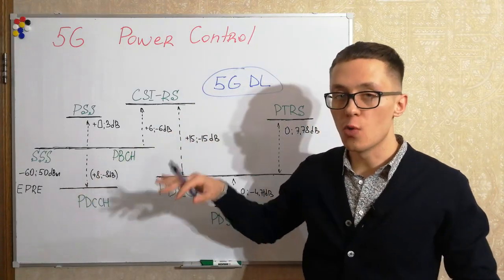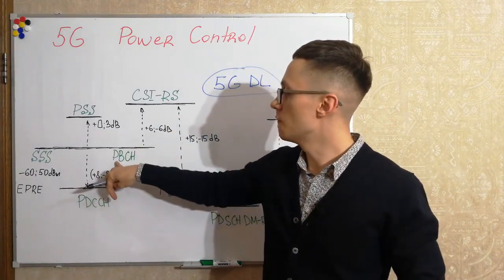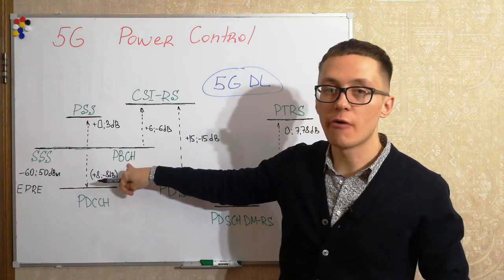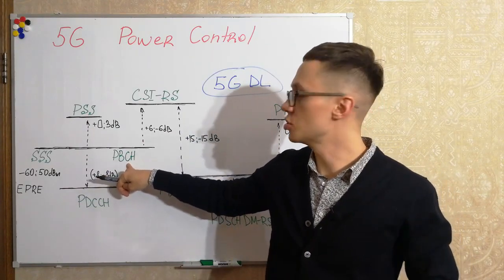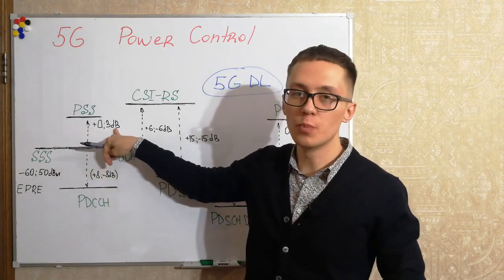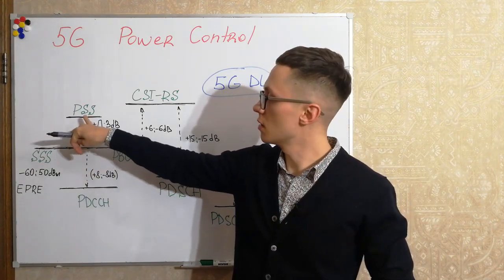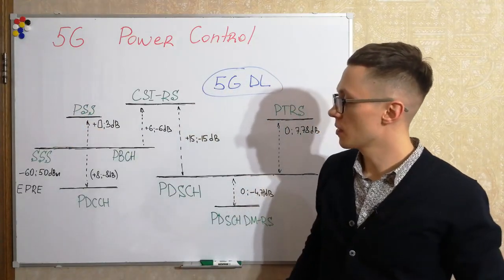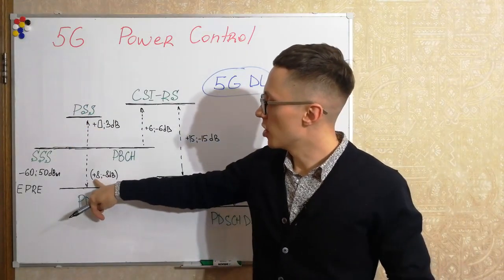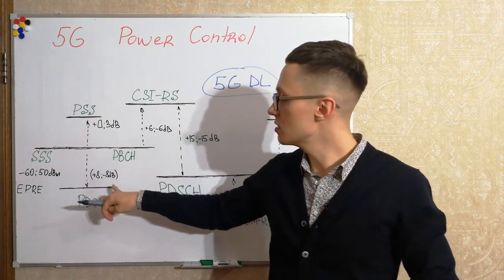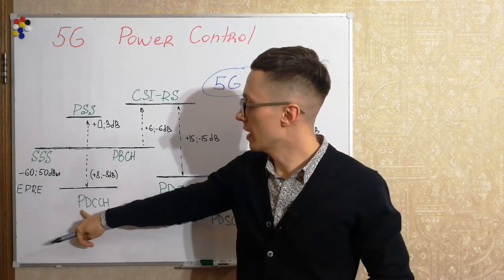With the same power, the physical broadcast channel and the DMRS of the physical broadcast channel are transmitted. Plus 3 dB, we can boost the primary synchronization signal.